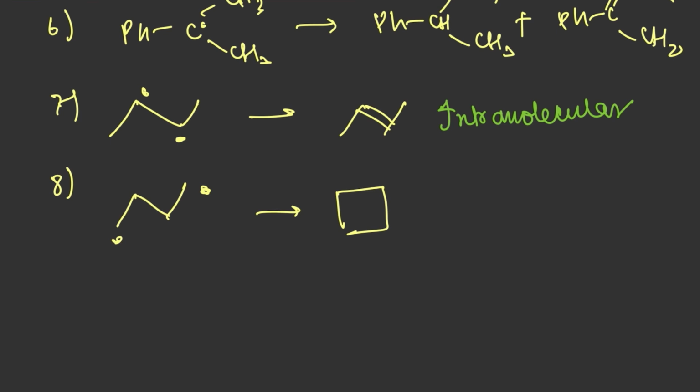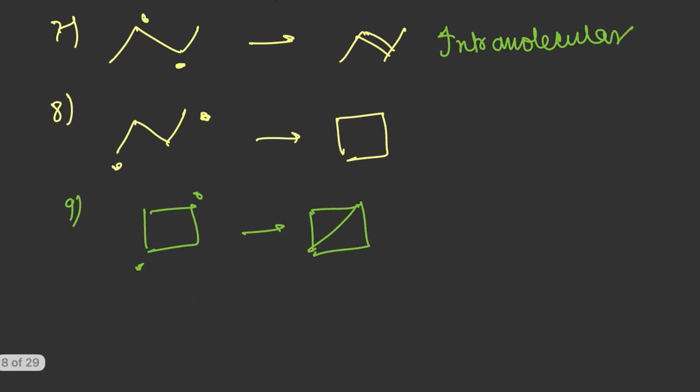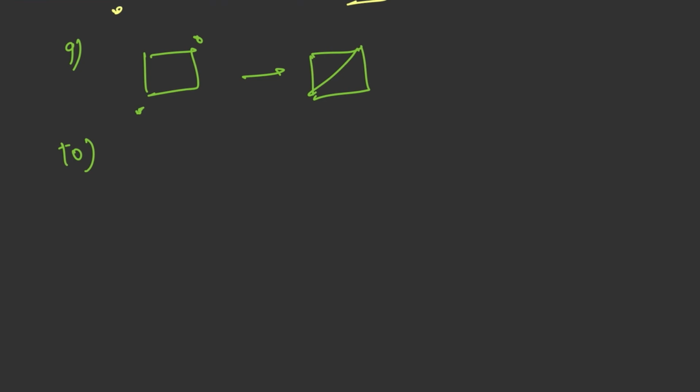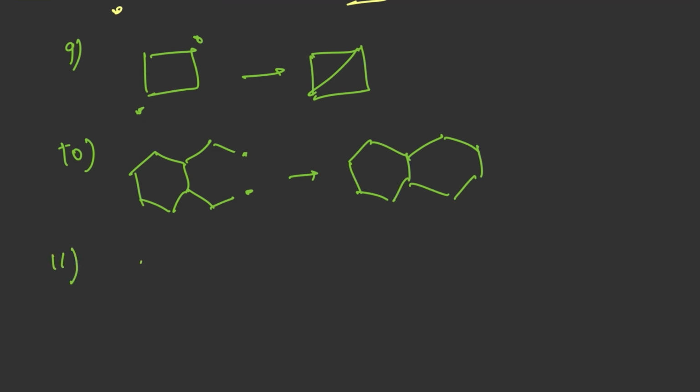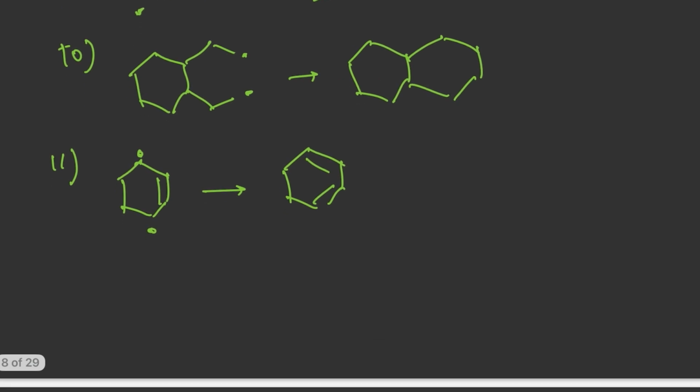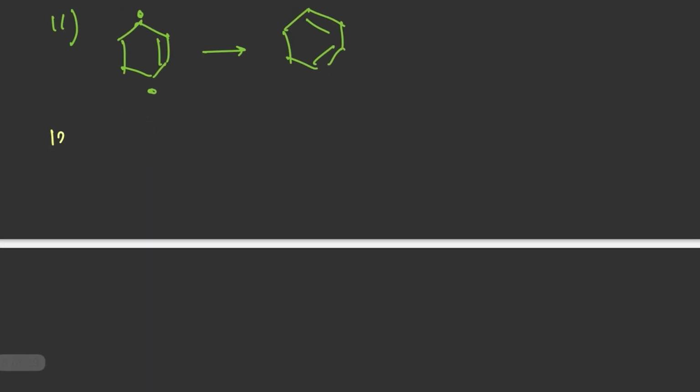Ninth, we have this type of radical, then intramolecular first takes place. 10th, here also we have a biradical, so an intramolecular redox reaction takes place. 11th, intramolecular redox reaction takes place. 12th, it's going to go here and here, and that's how the reaction takes place.